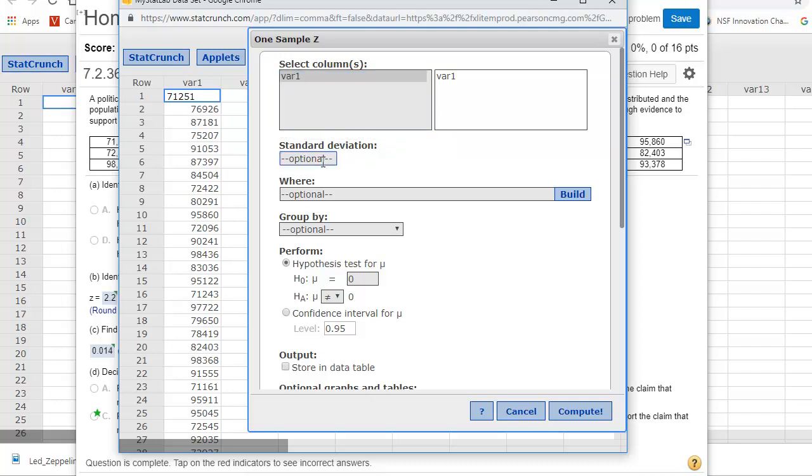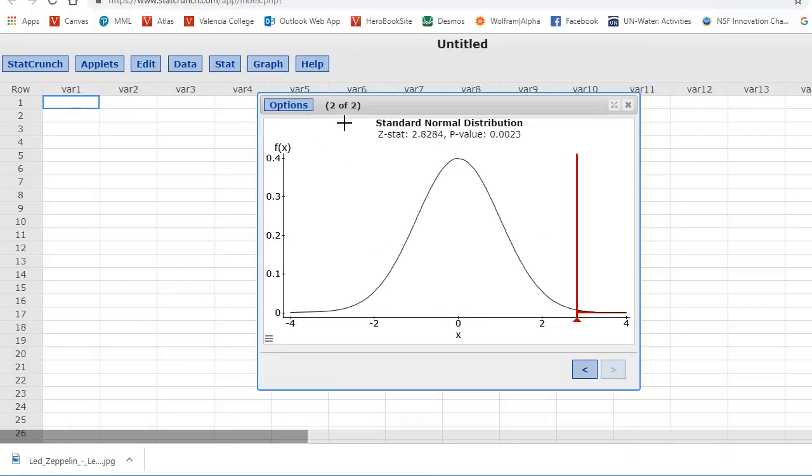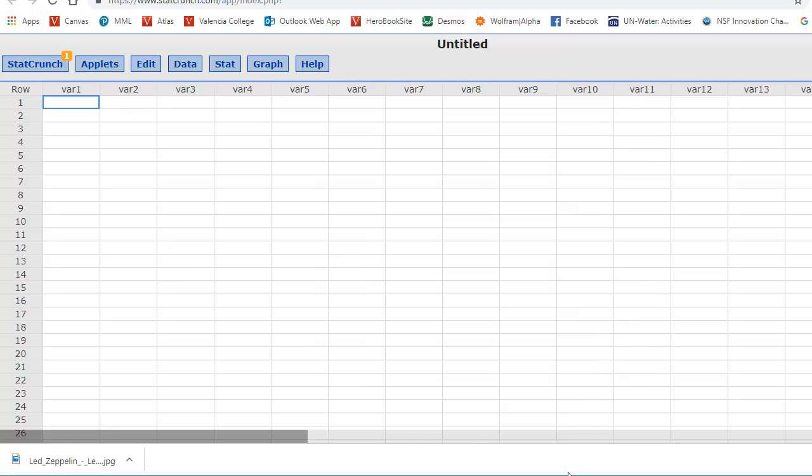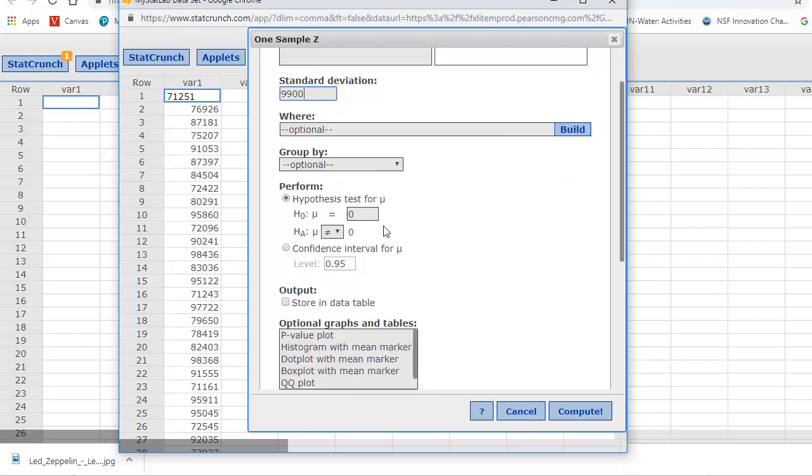Because I know the population standard deviation, I'll type that here. Let me click back to the problem. We are told that the population standard deviation is 9,900, so I type in 9,900 here.